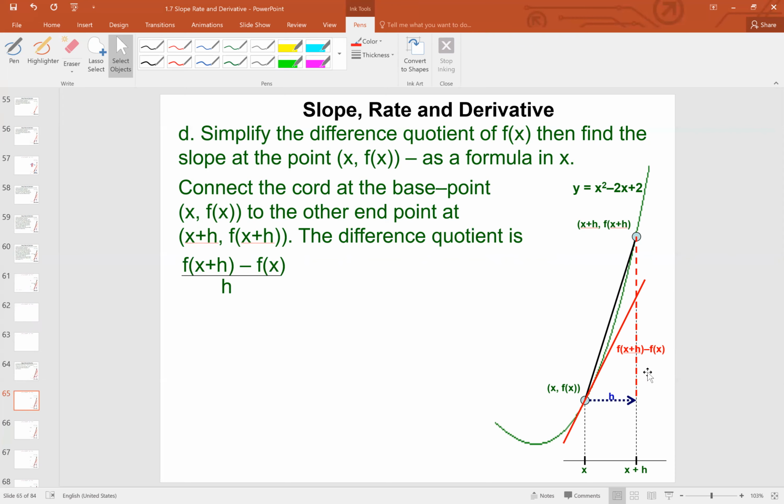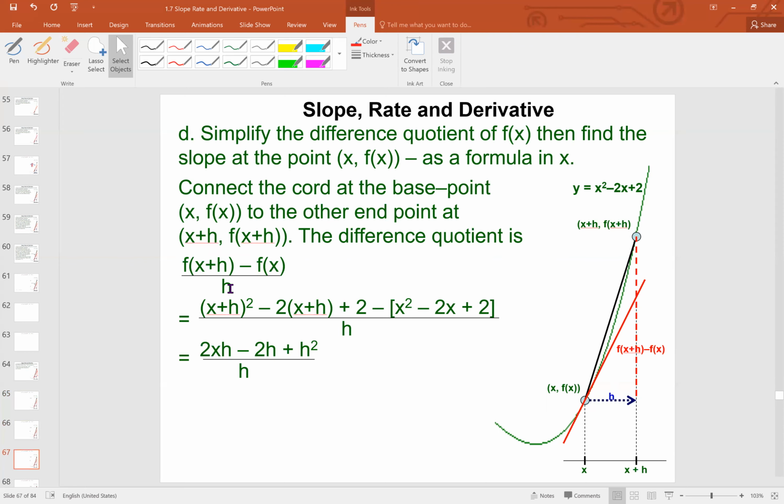This is exactly why we want to cancel the h, because the next step is we're going to put h to be 0. I cannot have zeros in the denominators. Hence, this form is no good. I cannot plug in h in these fractions. Hence, I have to simplify, expand, and notice the h comes out and can be canceled.